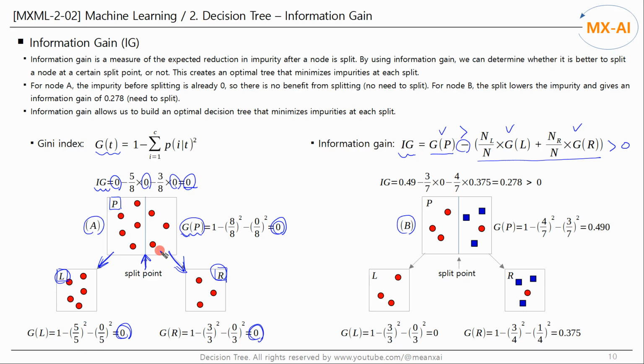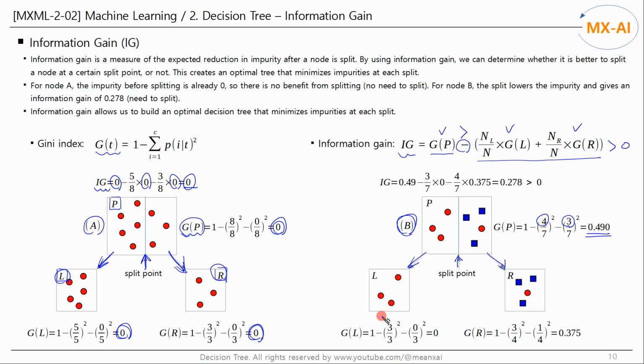This time, let's consider the case of node B. Since the parent node contains 4 reds and 3 blues, the Gini index is 0.49. Let's split this node into 2 child nodes at this split point.